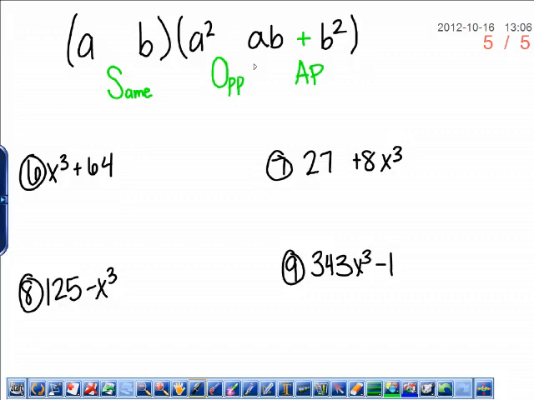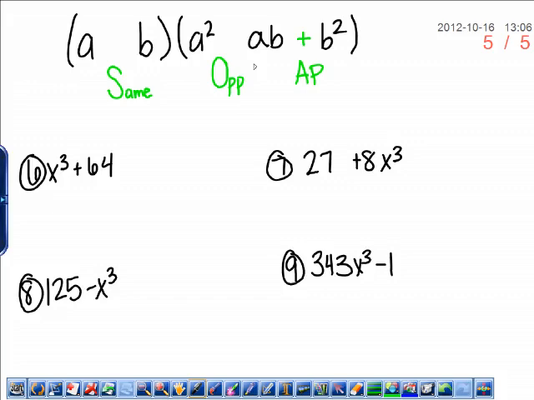Always positive. Same sign, opposite sign, always positive. Well, I guess a plus would work too. I thought you were saying A plus, like, you did great. But yes, a plus sign would work fine too. Okay? So use this to help you out. It's a really, really great memorization tool.